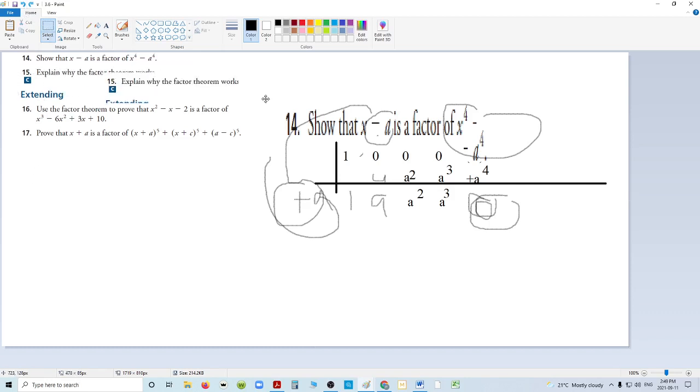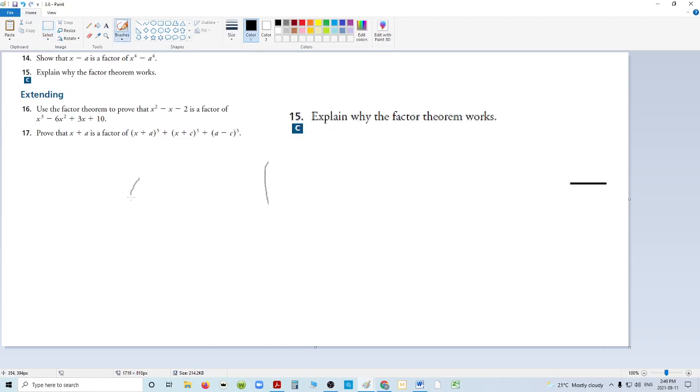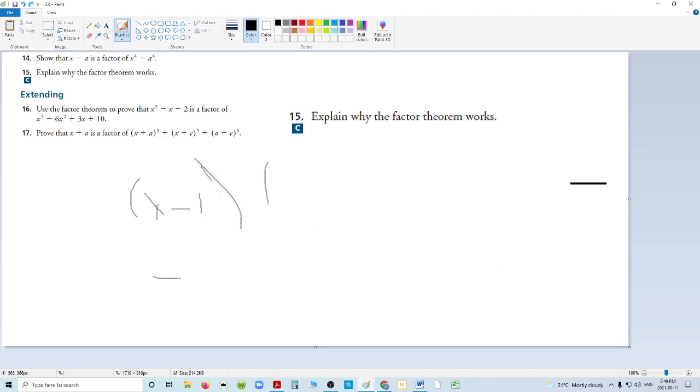Explain why the factor theorem works. The factor theorem just is about the remainder. Why is it that you put plus 1 into the equation for x minus 1 and it comes out 0? And that this proves that this is indeed a factor when I'm putting the root into the equation. And that's quite simple. If x minus 1 is a factor, we've always said that it's on the x-intercept line.